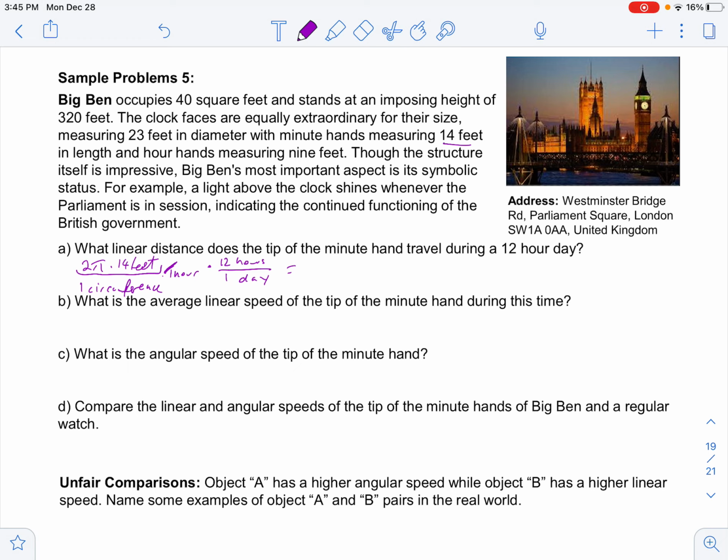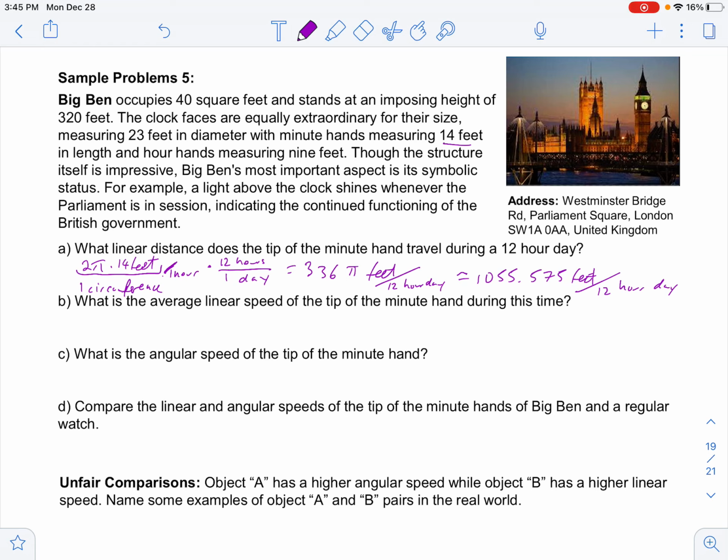That will give us 336 pi feet per 12-hour day, which is, roughly speaking, 575 feet per 12-hour day. Okay, not a 24-hour day, that would be double that.